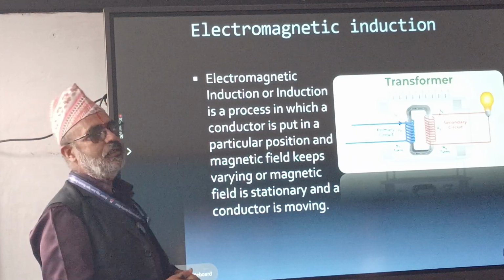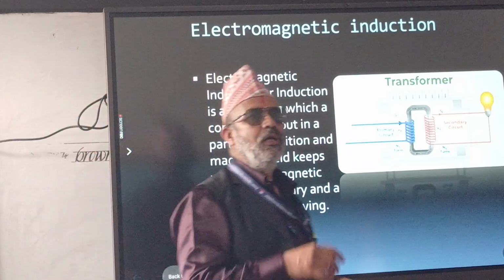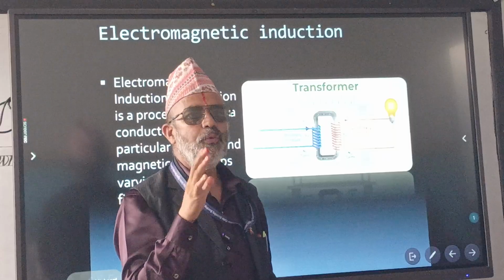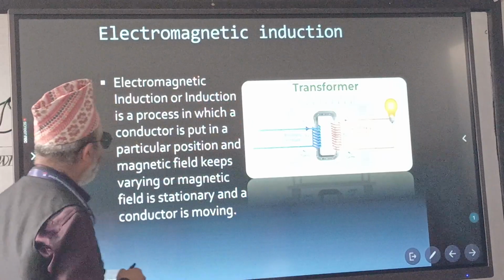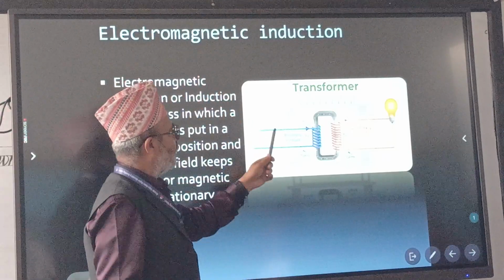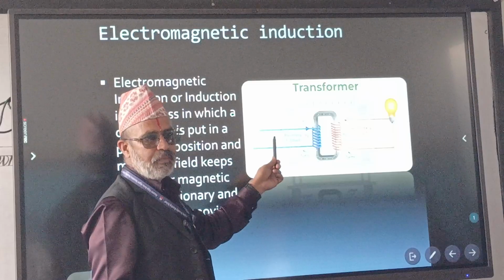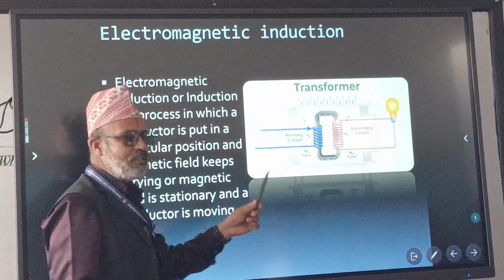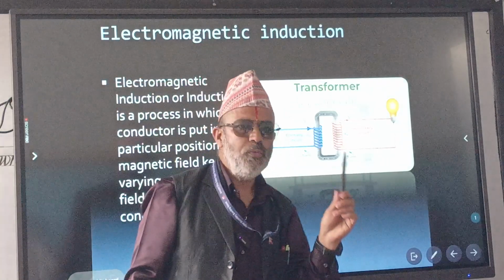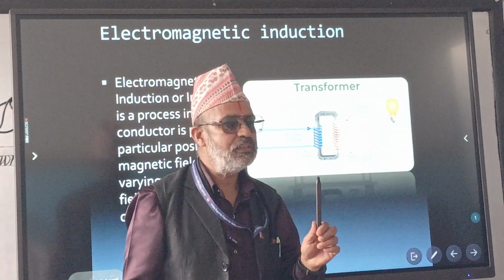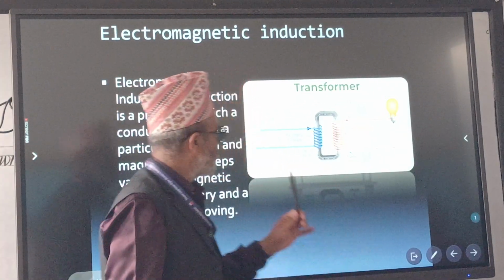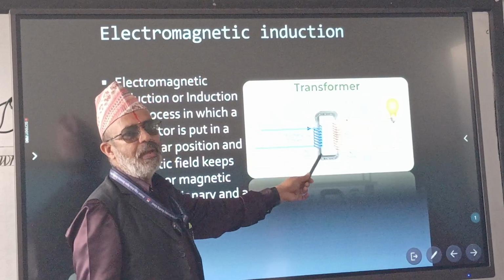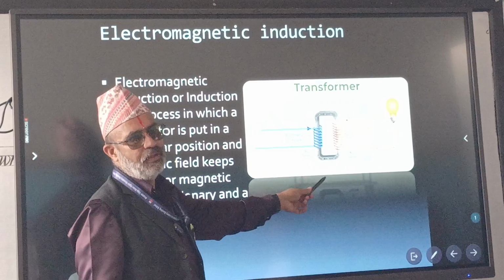Electromagnetic induction is a phenomenon, a process by which current is induced in a conductor when there is change in magnetic field. Electromagnetic induction is a process or phenomenon in which electricity is produced in a conductor when there is change in magnetic flux or magnetic field.